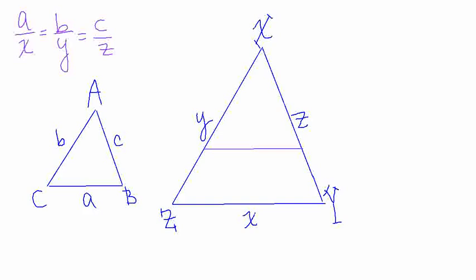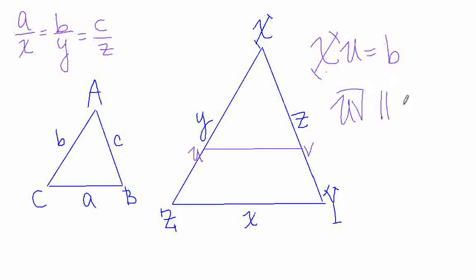We're going to specifically choose the points, let's call them U and V, so that the length XU is equal to b. And also the line segment that we just created, UV, is parallel to ZY.